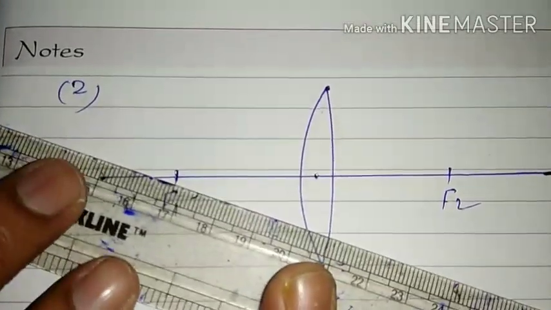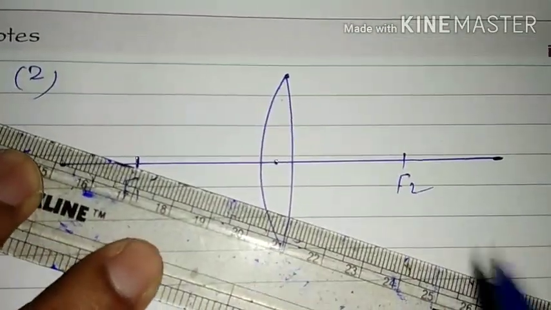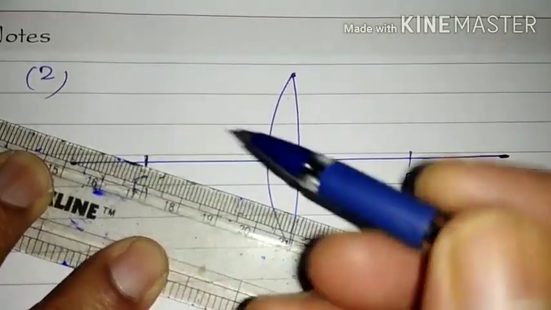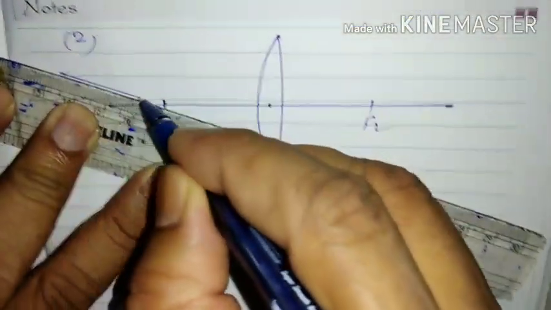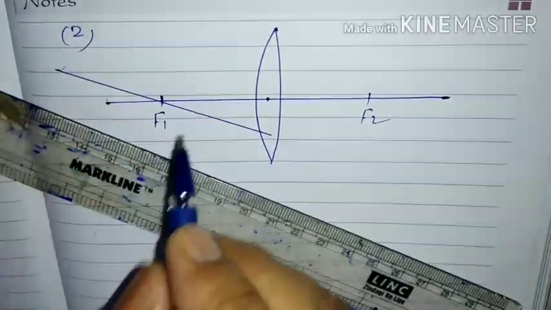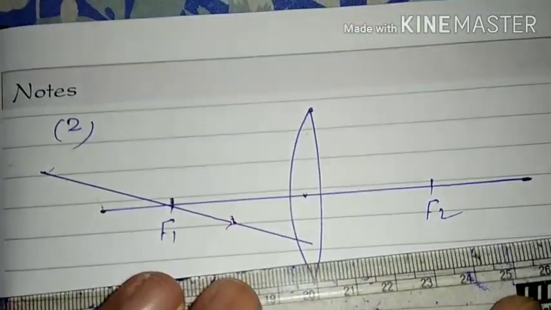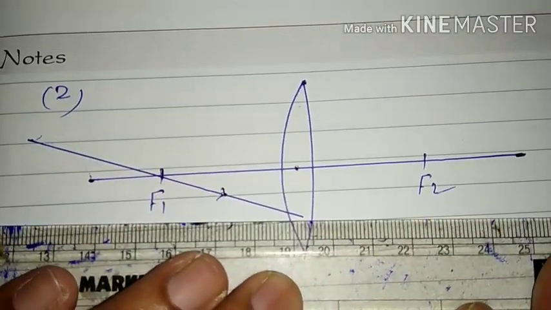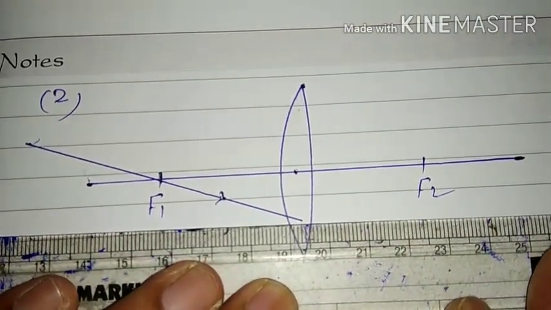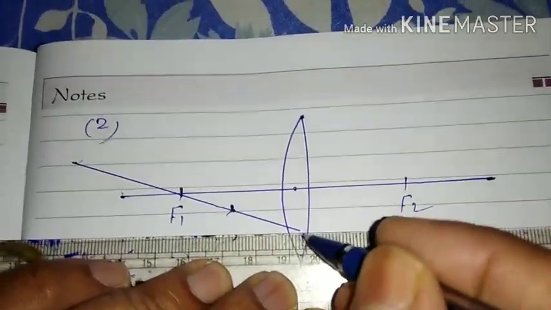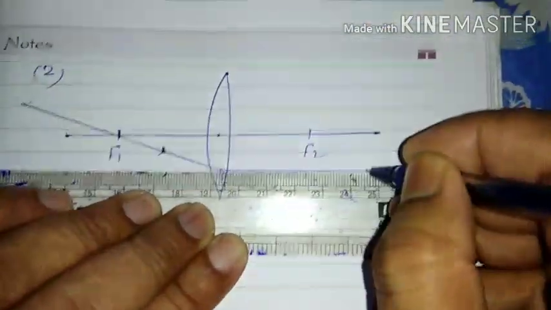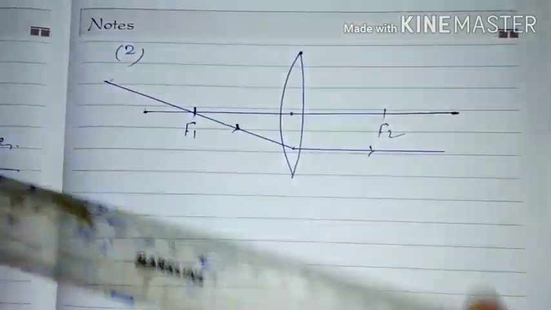So, if rays of light incident at convex lens passing through its focus, then what happens? After refraction, these rays become parallel to the principal axis. Here, this ray become parallel to the principal axis. Here, this is convex lens.